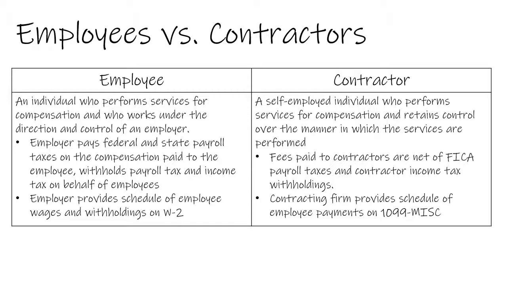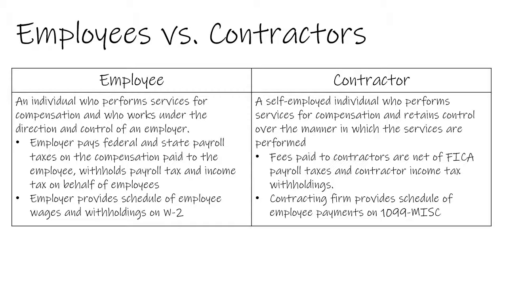Now, sometimes it's more advantageous for an employer to hire contractors or someone on a limited basis to do work for compensation. The contractor himself is in control over the quality of the work performed and the manner in which the services are performed. But the employer has some discretion in what work gets done.